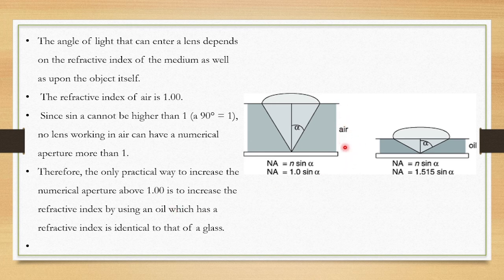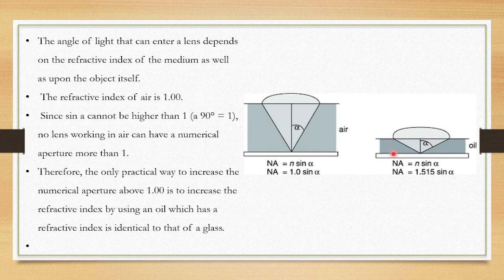If the air is changed, if you add oil, here is the specimen and this is the objective lens, and between them you add oil. So the bottom surface of the lens should touch the oil. There should not be air between the specimen and the lens.